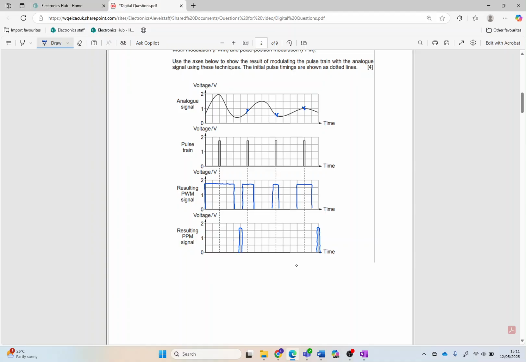If this one here was 2, and this one is slightly less, so it's not going to be 2, it's just going to be slightly less than 2, so I'll probably go somewhere around about here. And then this one is my lowest, so I'm just going to do it just there like so. So the position in advance of positive voltage, the greater the positive voltage, then the further in advance you're going to go.